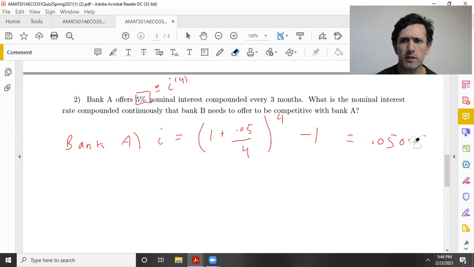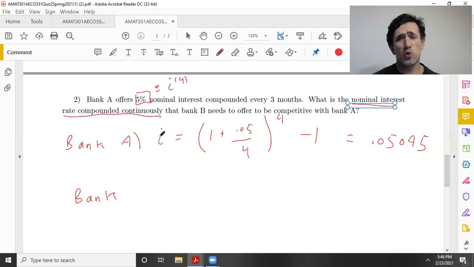It's a little crowded and messy. And let's solve for the nominal interest rate compounded continuously that corresponds to this equivalent effective annual interest rate.